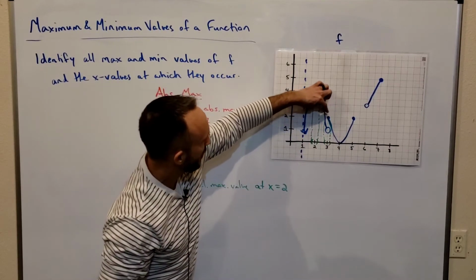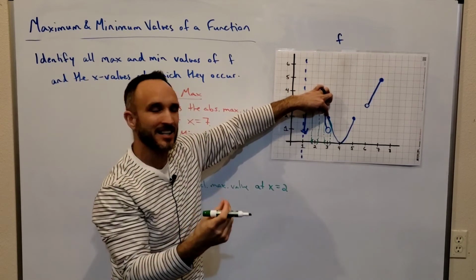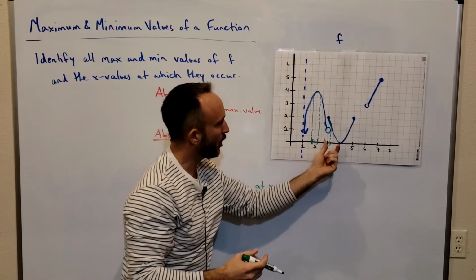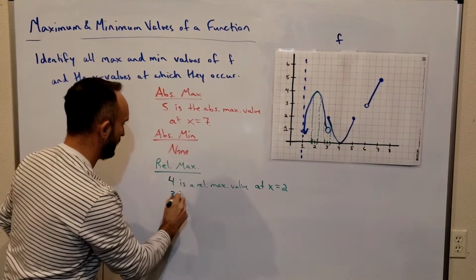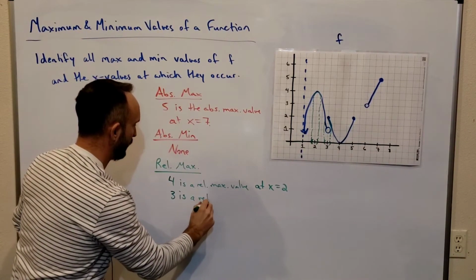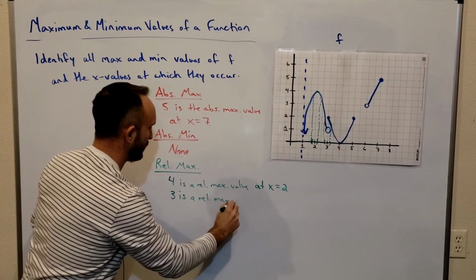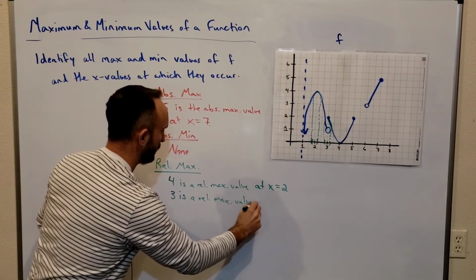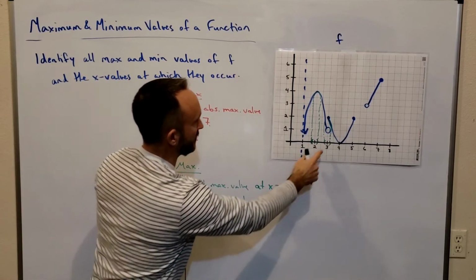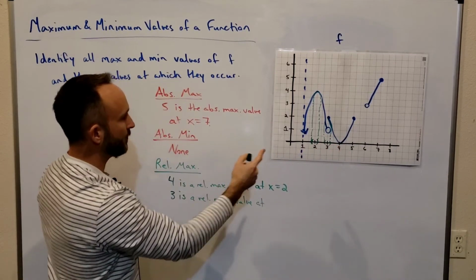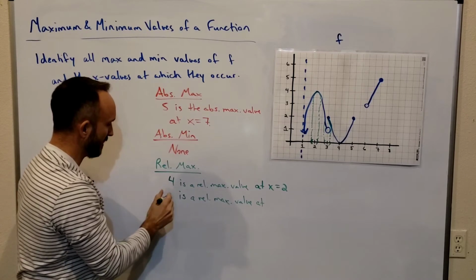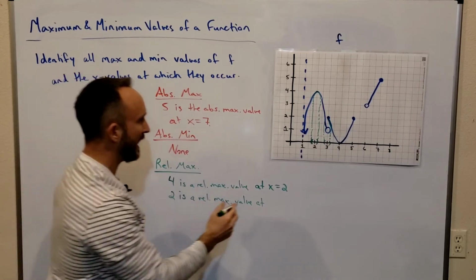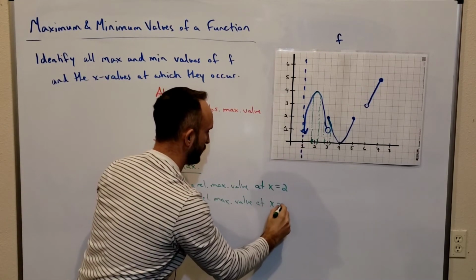And this point at (3, 2) is the highest point, no matter how small you make this neighborhood around 3. So 2 is also a relative maximum value, 2 being the y value here. Sorry, I was looking at that wrong. 2 is a relative maximum value at x equals 3.